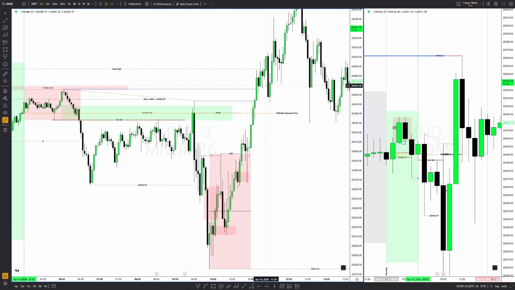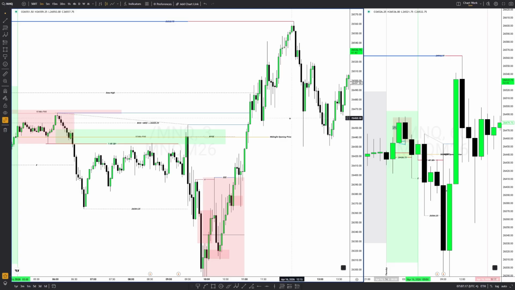After we expand and we head up, the order flow just pretty much remains bullish. That's when you start seeing a lot of things working, fair value gaps, things of that sort being respected.